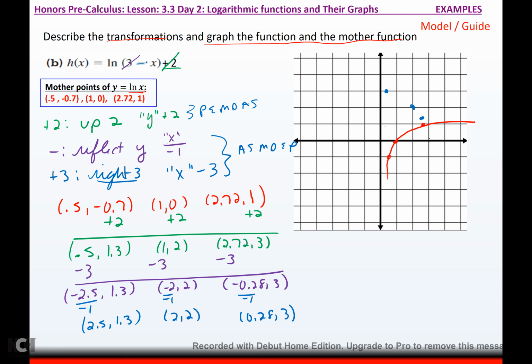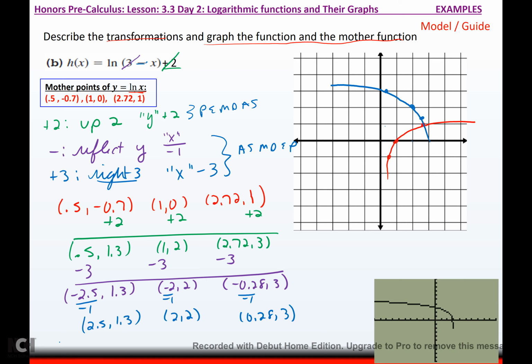We reflected over y, so it's going to turn this way, and it moved up 2. And pretty darn close. See how it crossed that 0.3 approximately? I'm pretty close there too. Alright.